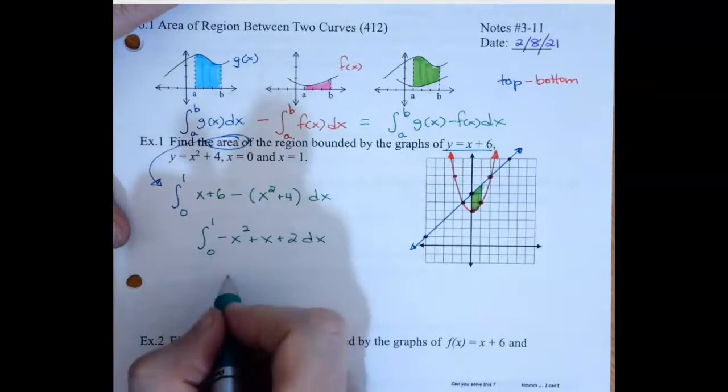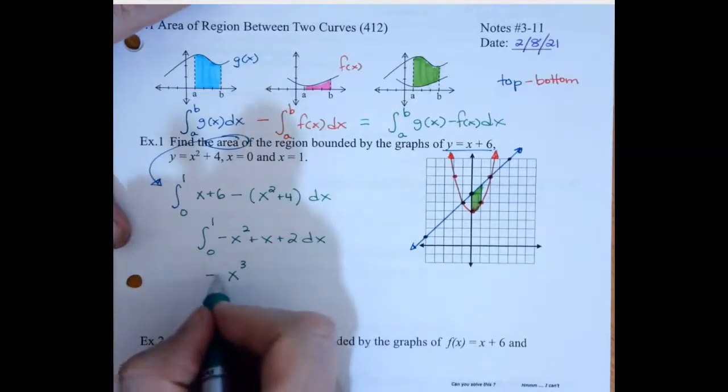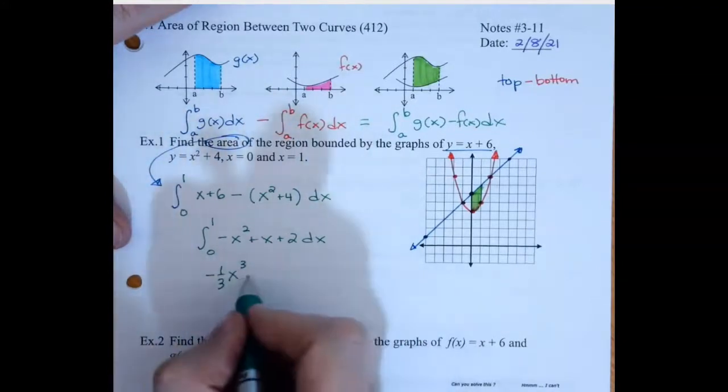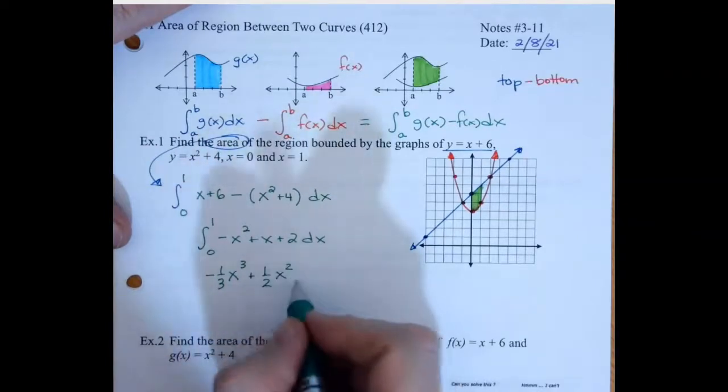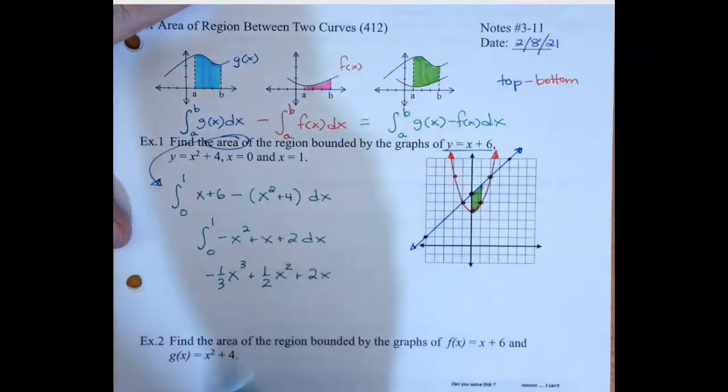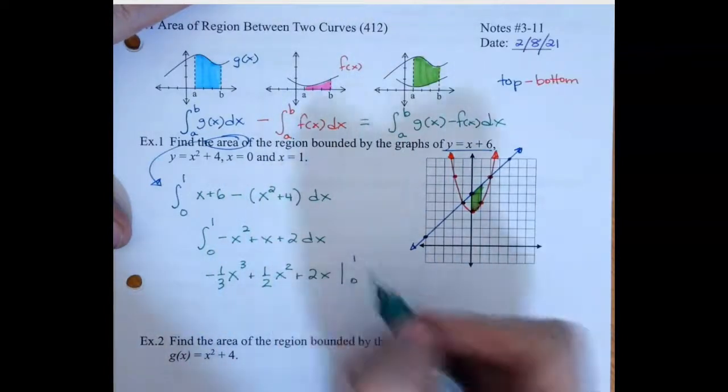So now if we integrate that, add 1 to the exponent, divide by the new exponent, add 1 to the exponent, divide by the new exponent, plus x, from 0 to 1.